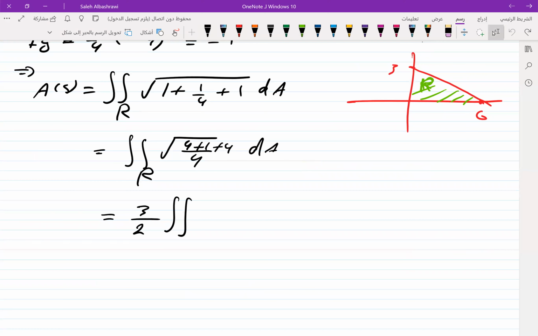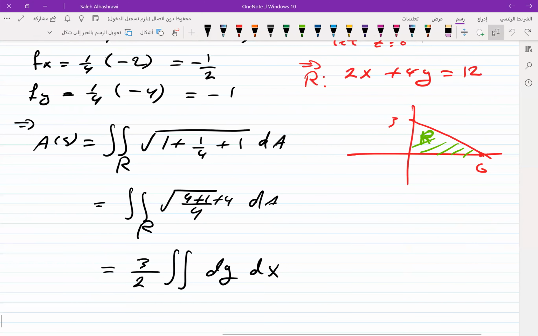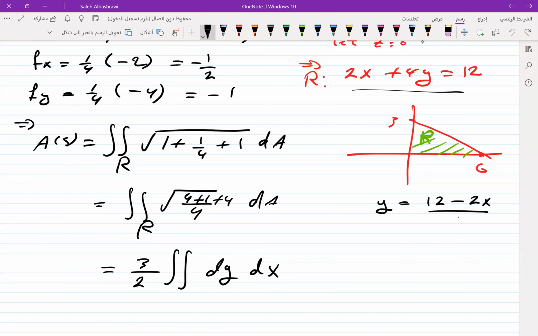So the integration will use either type 1 or type 2. For type 1, I will say dy dx, which means I need to write the variable y as a function of x. From this equation, we have y equal to 12 minus 2x divided by 4.